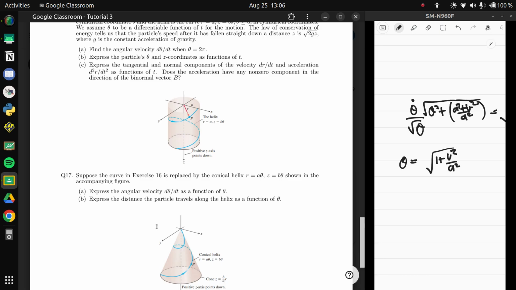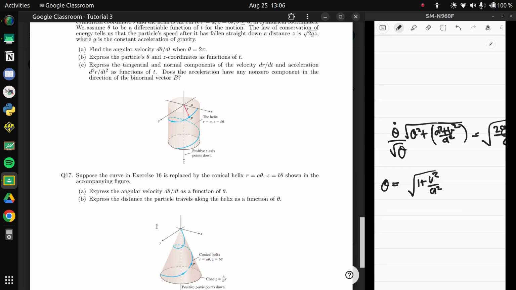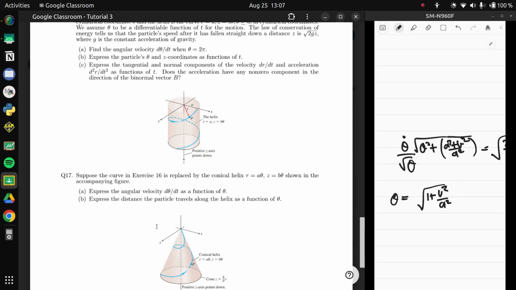This looks awfully familiar. I don't know if I've seen this before.